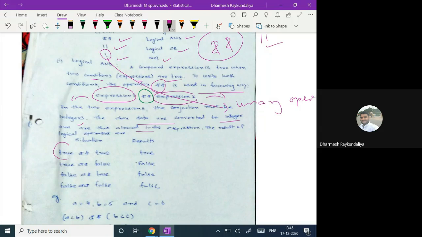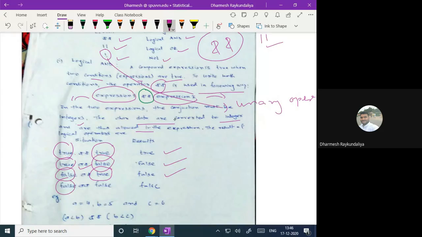Suppose expression 1 is true and expression 2 is true. Then if both expressions are true, the result is true. If expression 1 is true but expression 2 is false with logical AND, then the result is false. If expression 1 is false and expression 2 is true, the result is false.